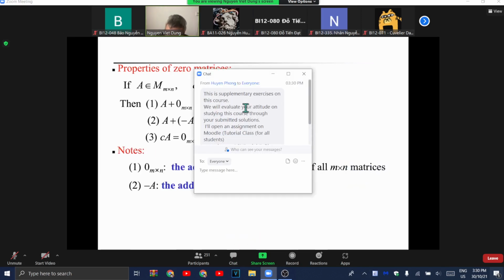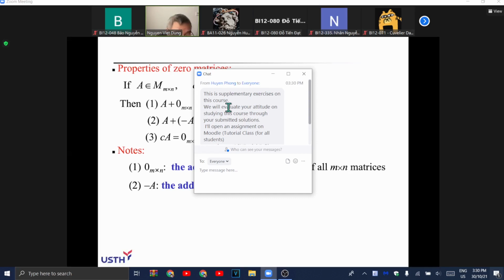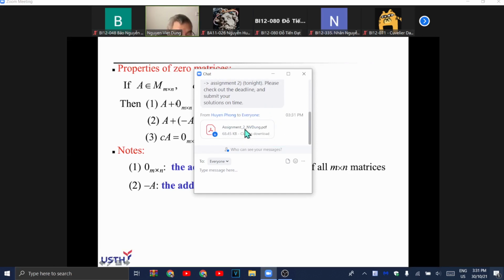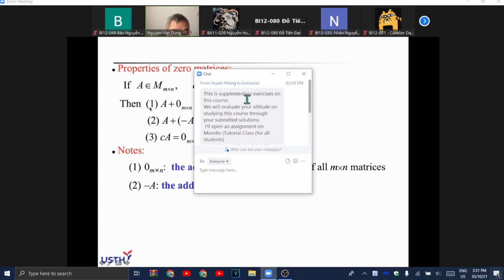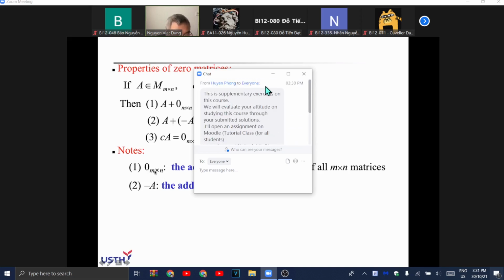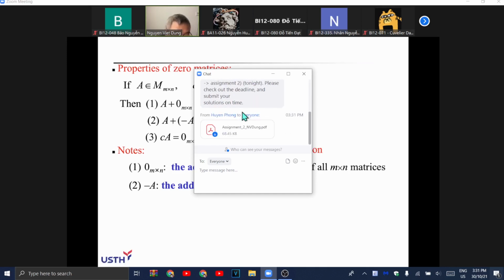Those properties are given some names. The first property says that 0 m by n is the additive identity for the set of m by n matrices. I will not go into detail, but I give you some meaning.